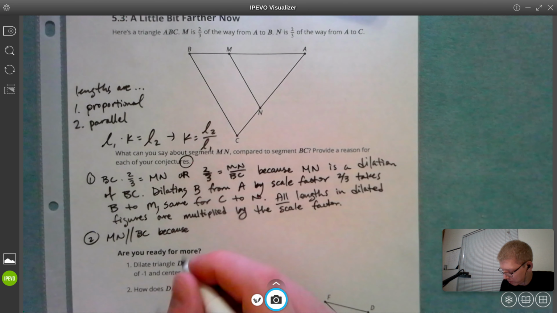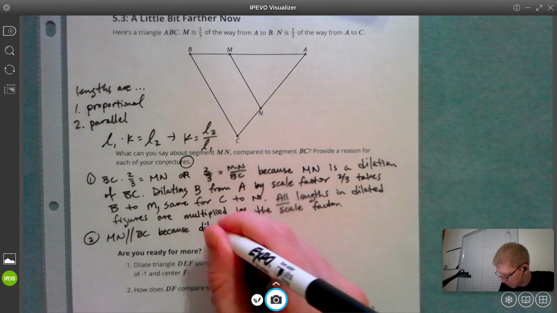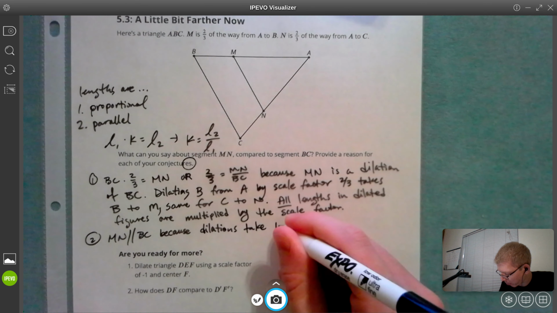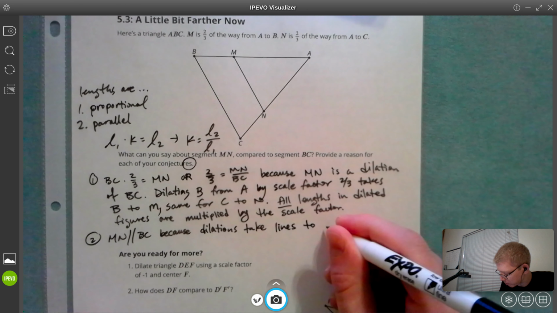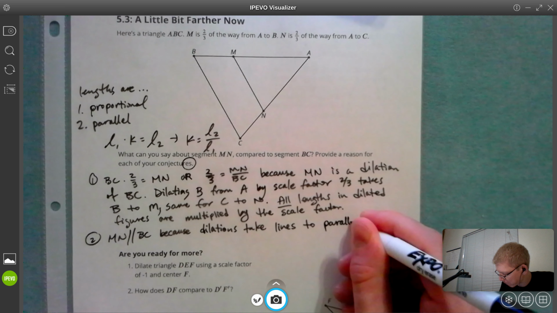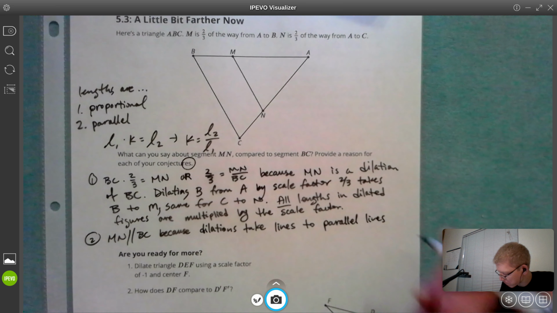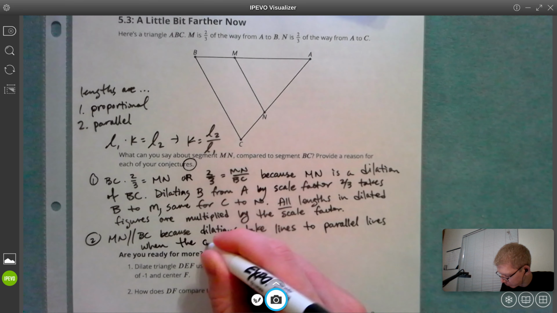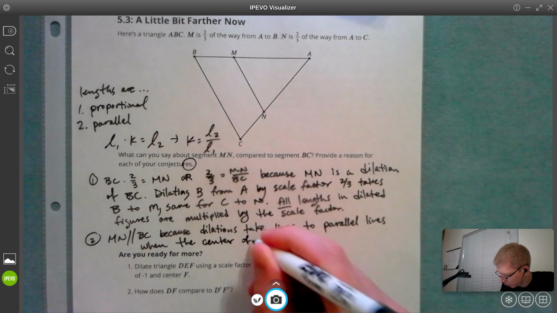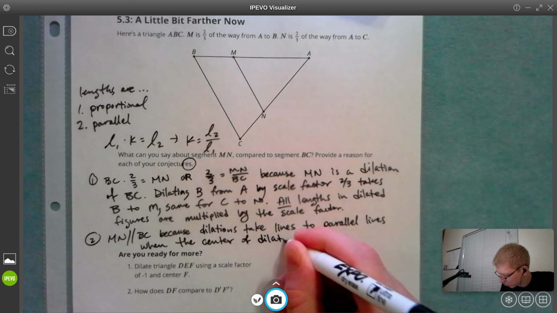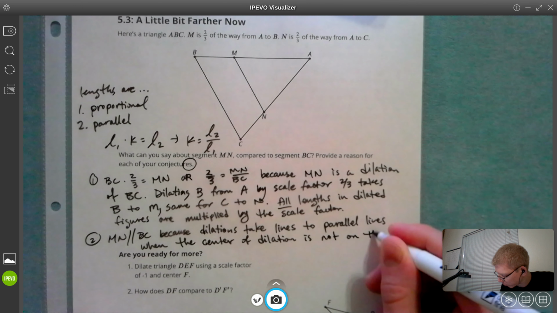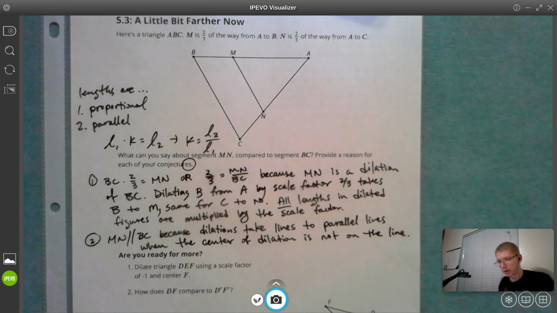MN is parallel to BC because dilations take lines to parallel lines when the center is not on the line, right, and it would take it to the same line if the center of dilation was on the line.